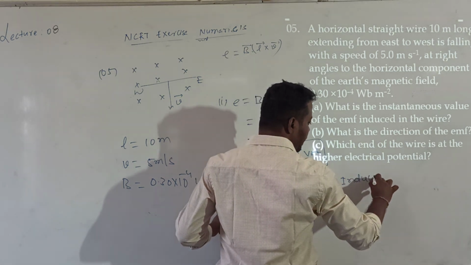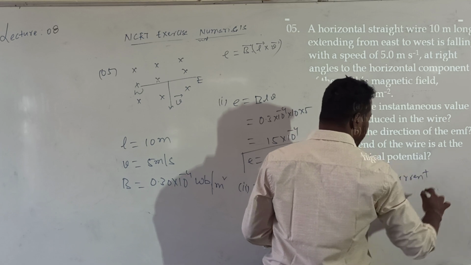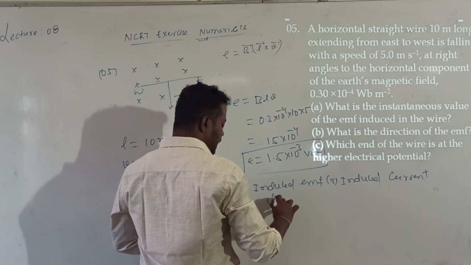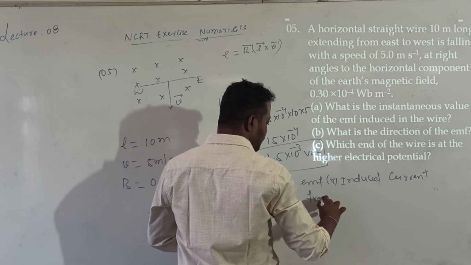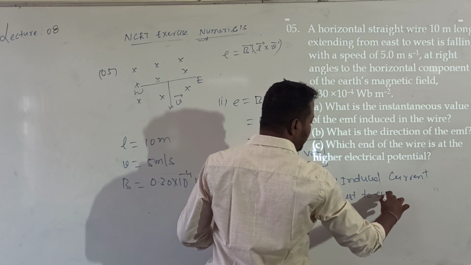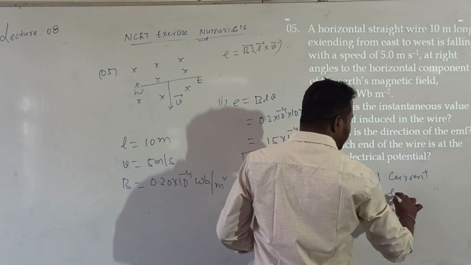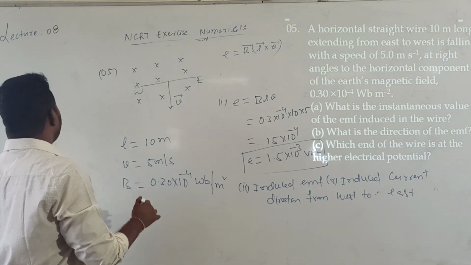The second one is, induced EMF or induced current direction, from where to where? Current direction from west to east. Now they are also asking which end will be at high potential. Third question, which end of the wire will be at a high potential?